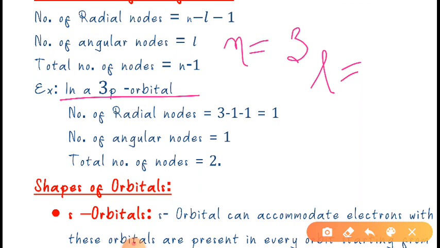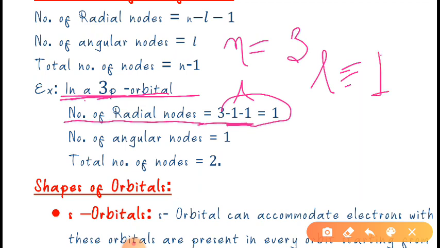For 3p, l is 1. So the number of radial nodes is 3 minus 1 minus 1, where n is 3 and l is 1.